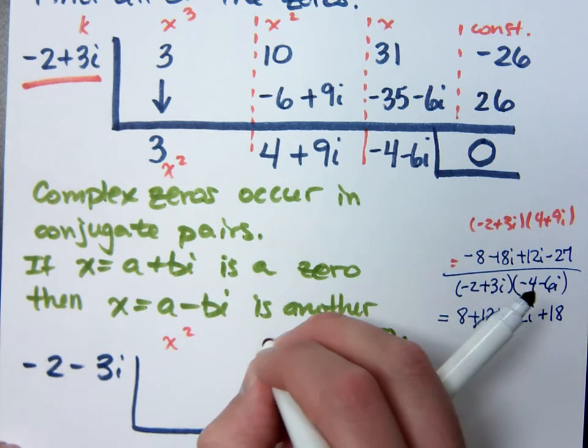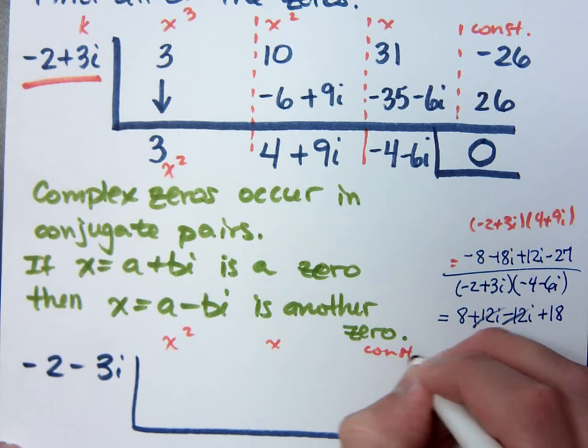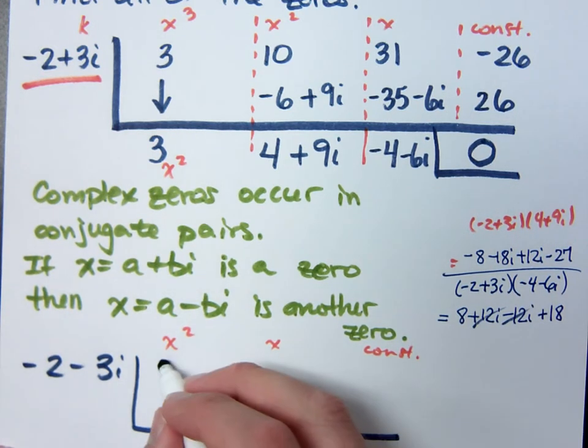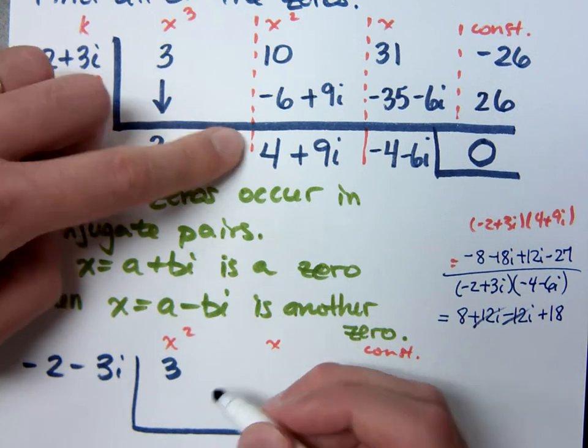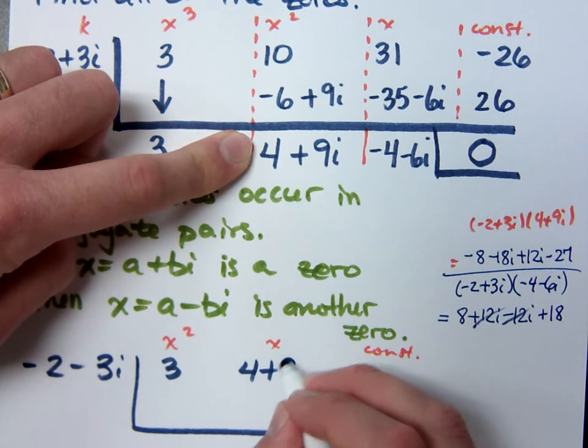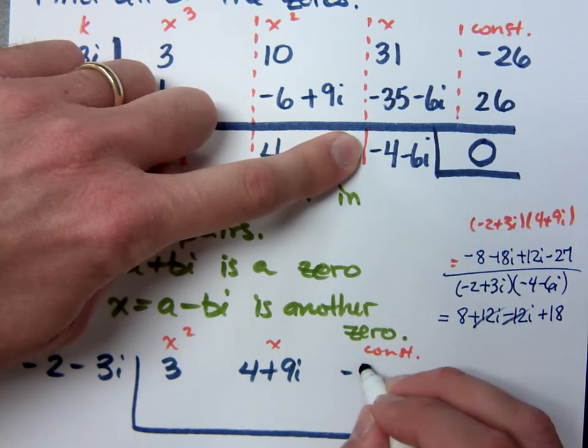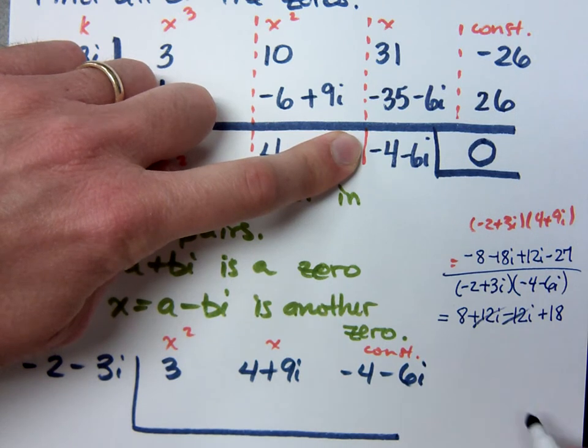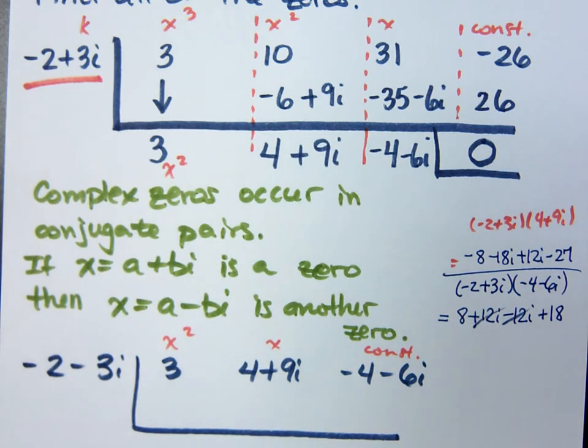X squared, x, and constant. So you've got 3 from here, 4 plus 9i. Well, isn't that quadratic? It's quadratic with complex coefficients. So don't touch it with its complex coefficients. Just trust me. You won't like it. You don't like plugging fractions into the quadratic formula.